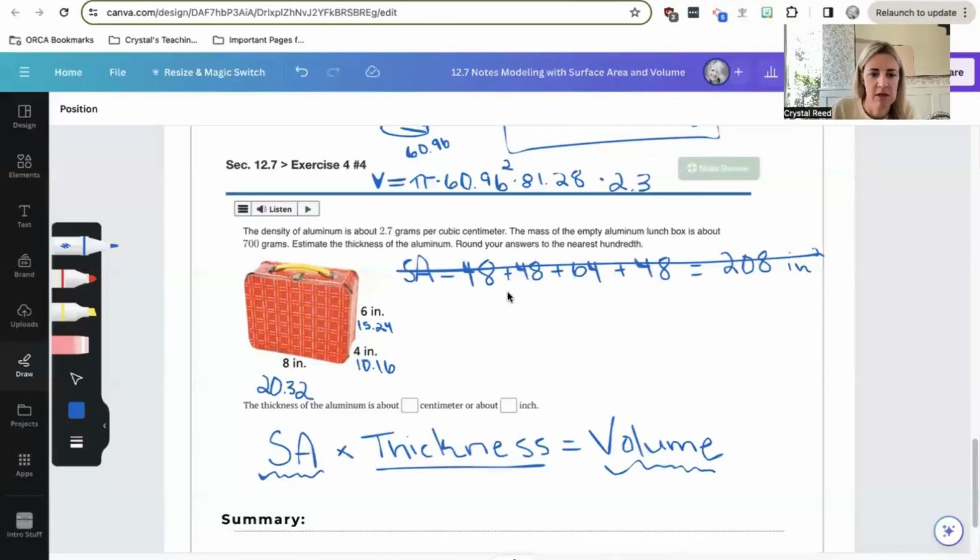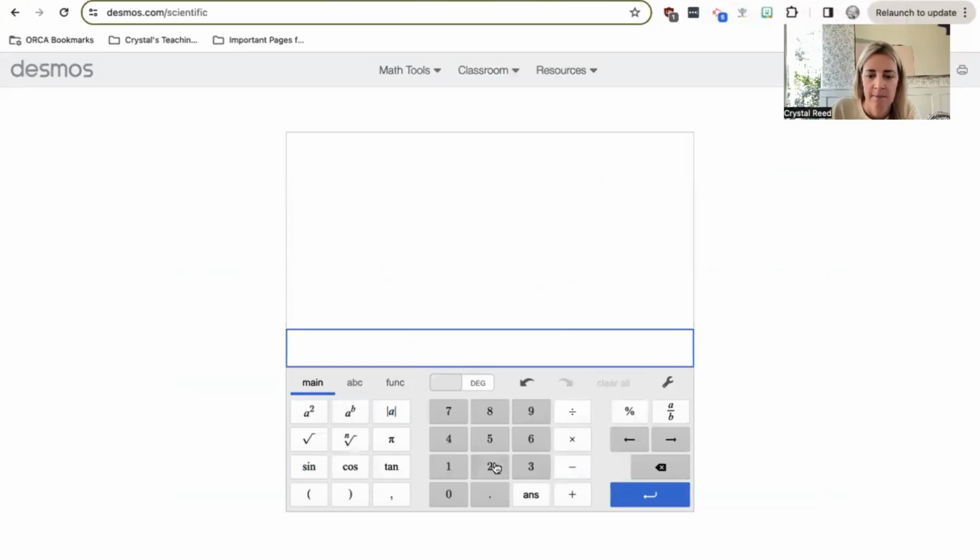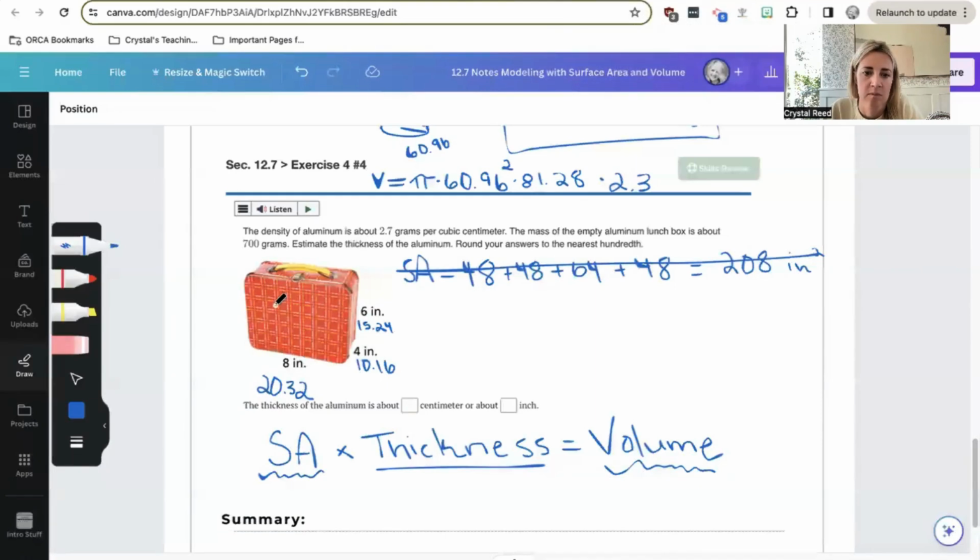All right, so our surface area. So the front side is going to be 20.32 times 15.24. So we're going to round these. So that's approximately 310. The side would be 10.16 times 15.24.